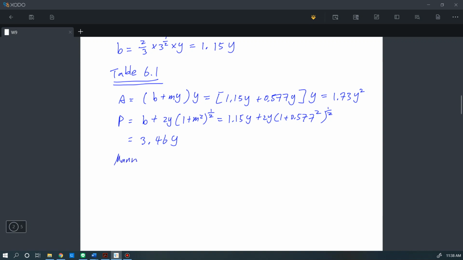Manning equation here. That's Q is equal to 1 over n, A to the power of 5 over 3, times the wetted perimeter to the power of minus 2 over 3, times the slope to the power of 1 over 2.